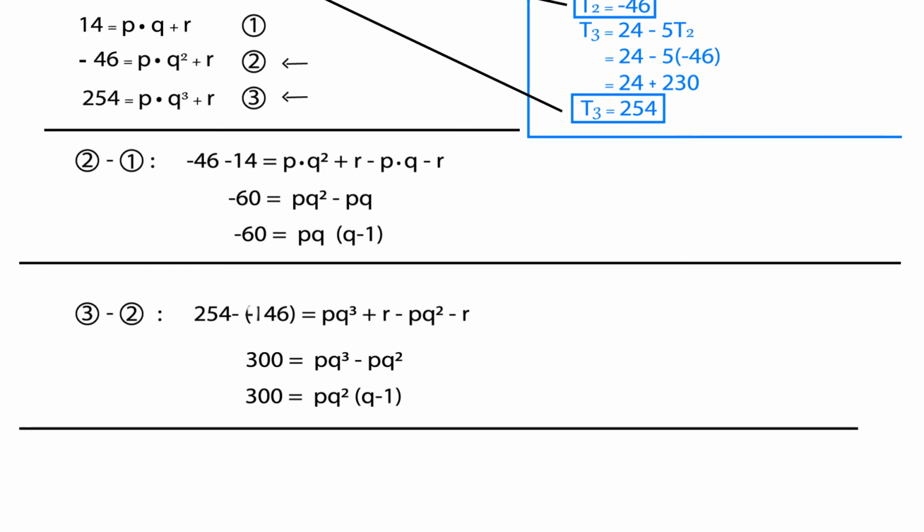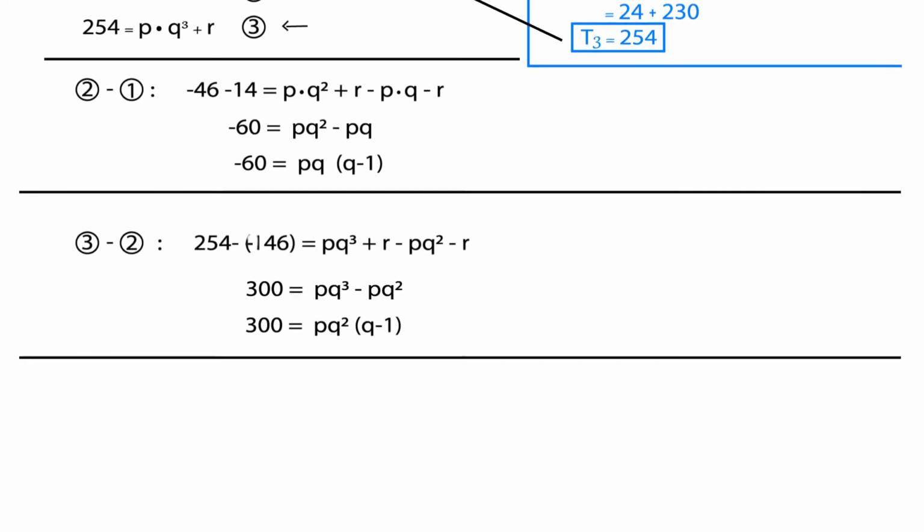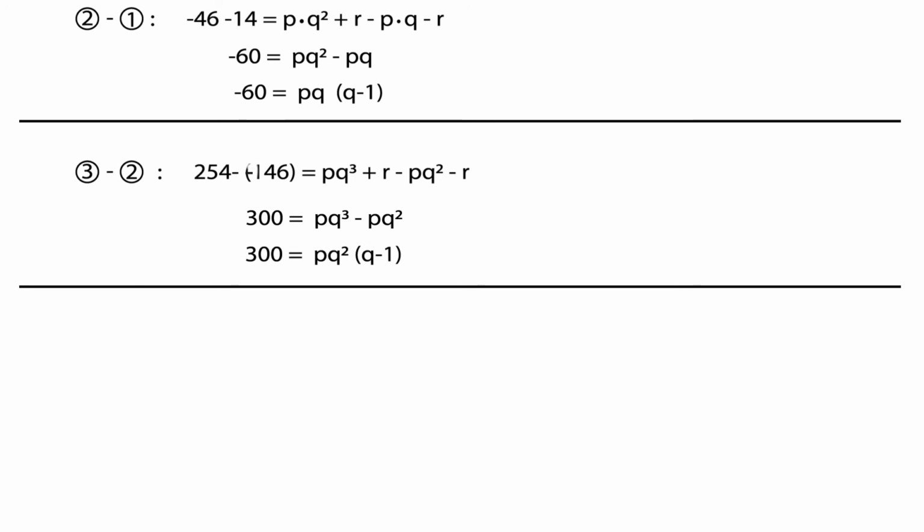Okay? So now we can use this equation and this equation to solve for at least one of these variables. I look at them and they look very similar. But if I divide one by the other, I think I should be able to isolate a variable.